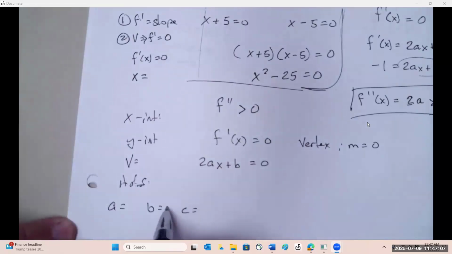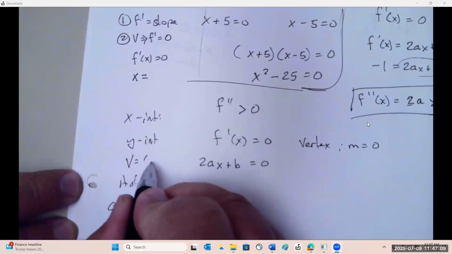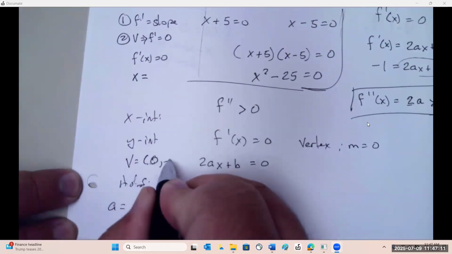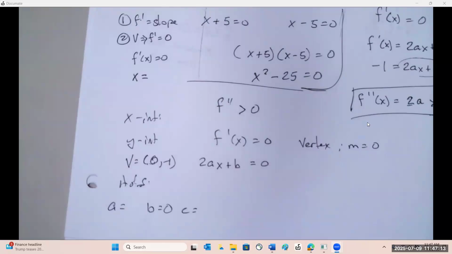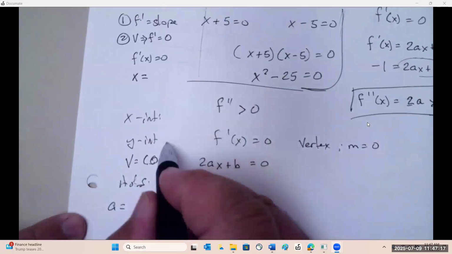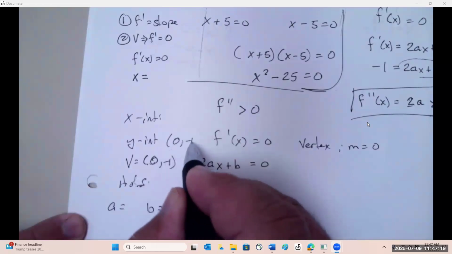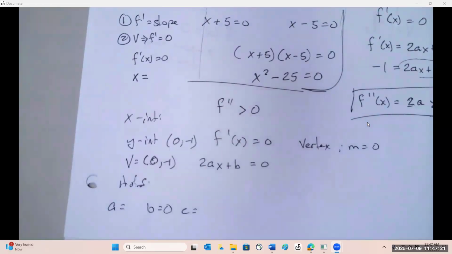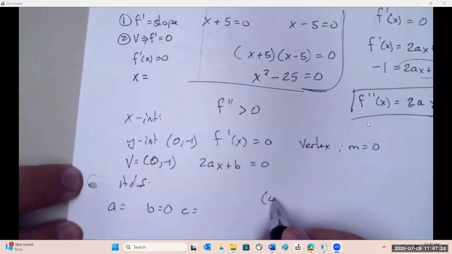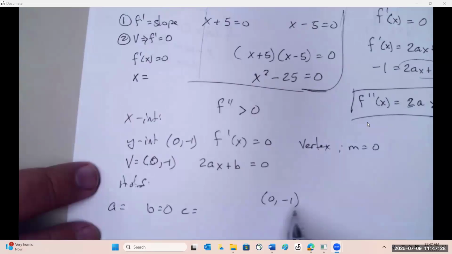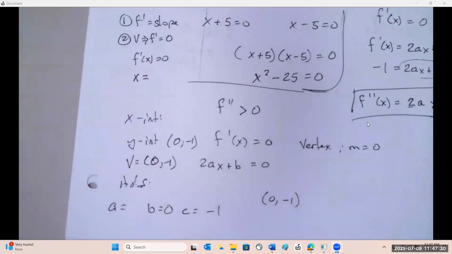And we found b already because the vertex was at 0, -1. And that's also the y-intercept. So we know when x is 0, y has to equal -1. So that's the c value.